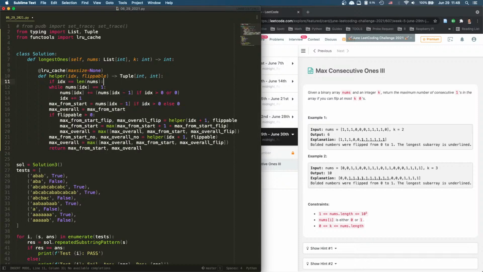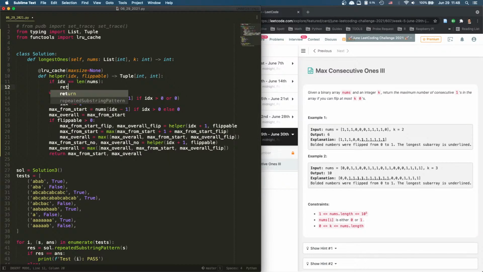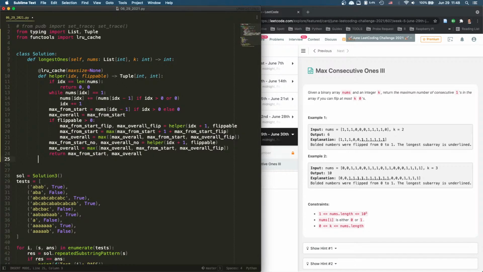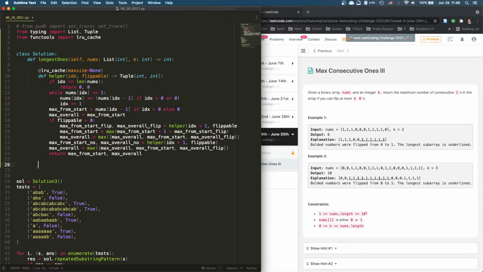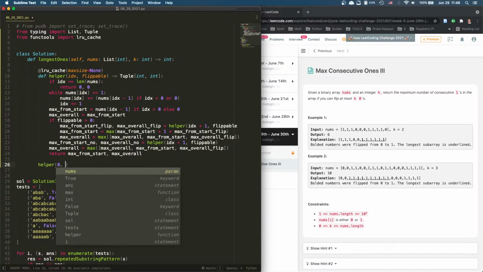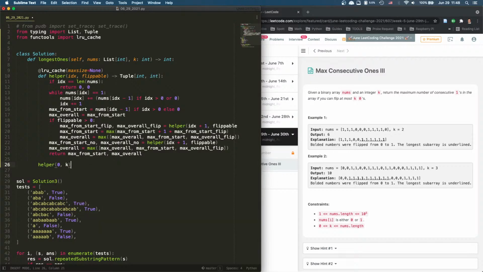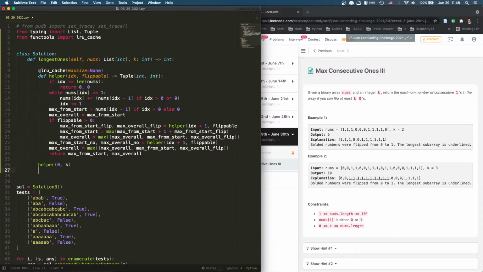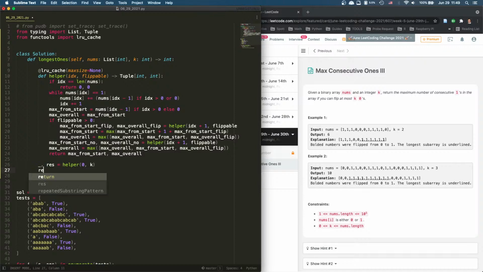Then we're gonna return 0, 0. So that's the end condition. So what we're gonna do is we're gonna say helper index is 0, flippable is k, right? And then what do we return? Well, this one has maximum start and rest max overall, so we're gonna return rest.